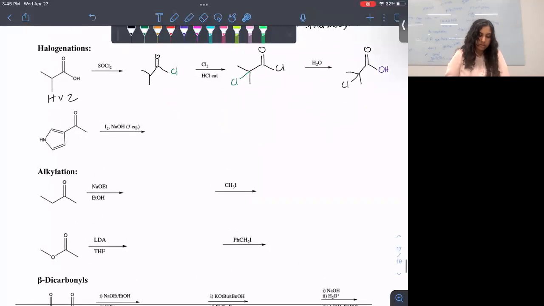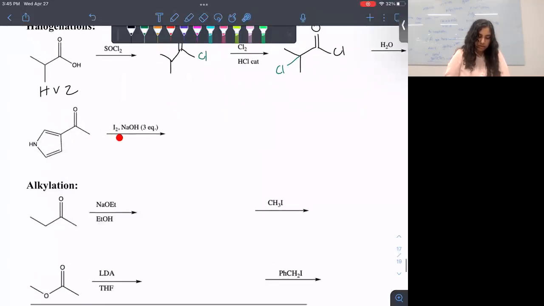And then the other halogenation reaction you can do is the haloform. Whenever you see a carbonyl and then these reagents, X2 and then base, three equivalents of it, you know it's haloform.